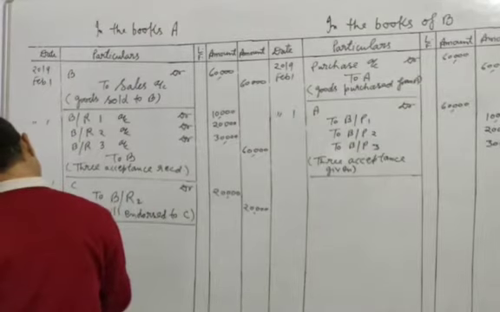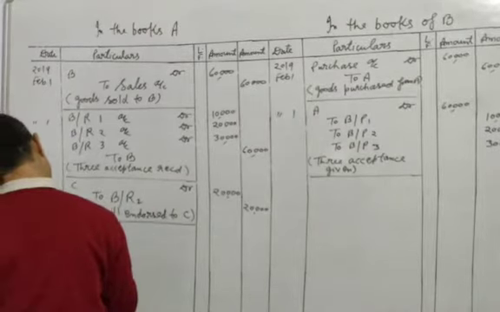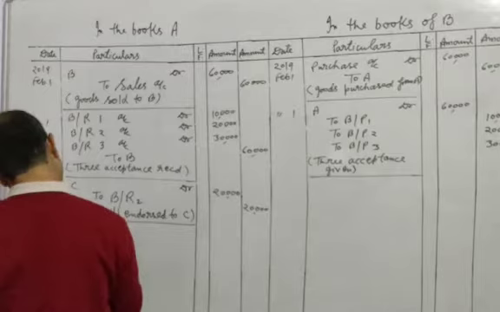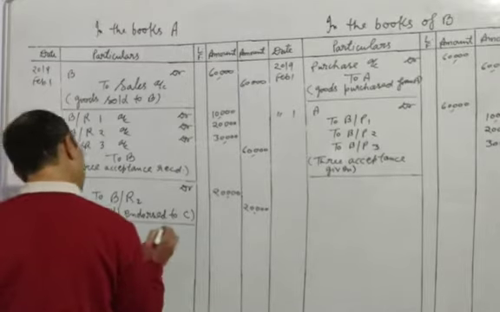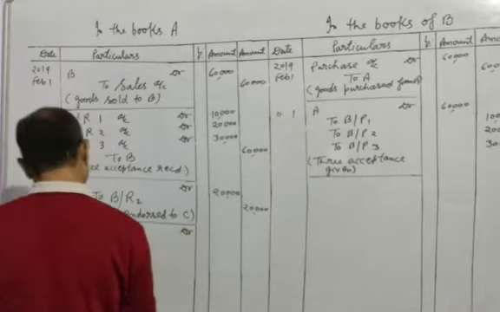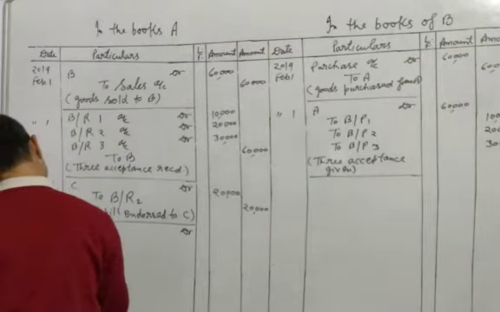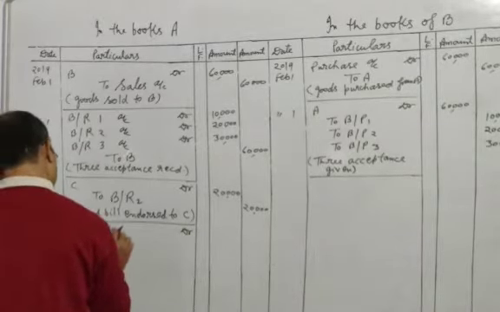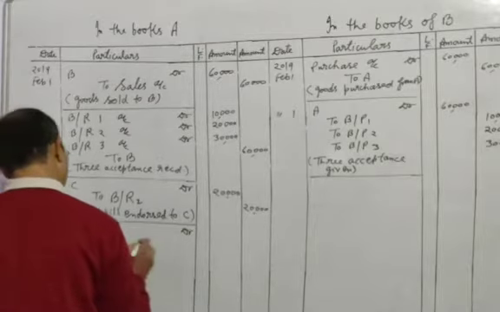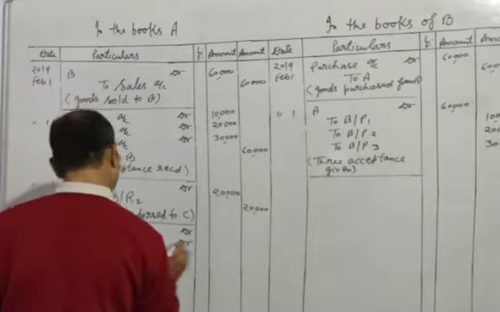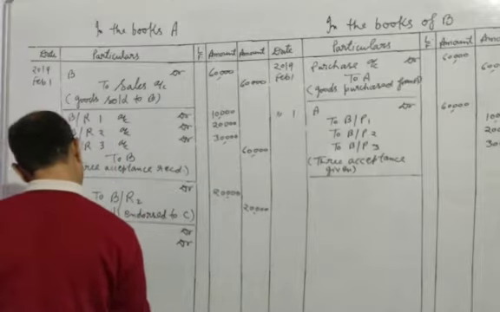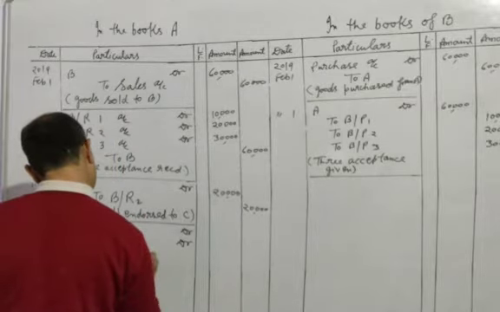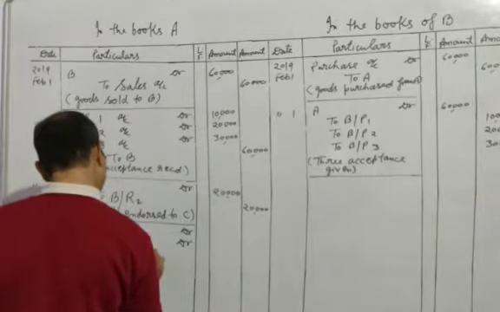Bank account debit, or we can write cash account debit. Both are right. So we will write here bank account debit, discount account debit, to BR3. BR3 is going to the bank.